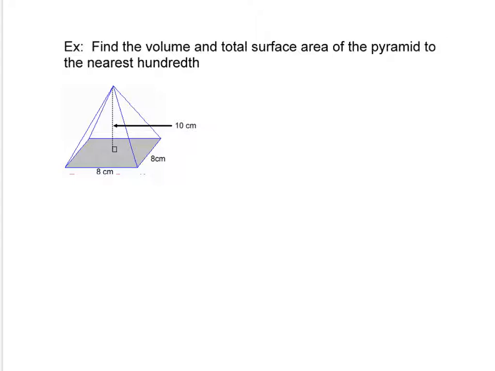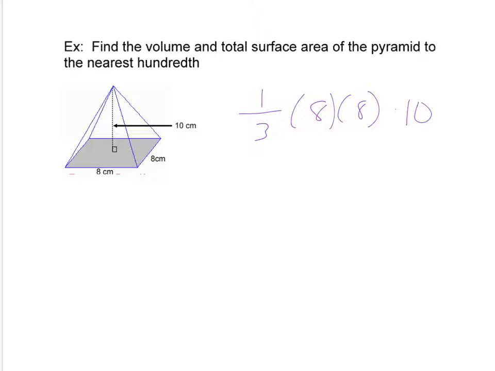Let's try one. Find the volume and total surface area of the pyramid to the nearest hundredth. Let's just do the volume today, since we've already done a gajillion surface areas. So the volume of this pyramid is going to be 1/3, oh, I need my pen, 1/3 area of the base, which in this case is a square, so it's 8 times 8, times the height, which in this case is 10.